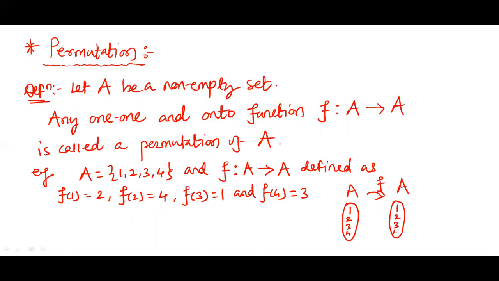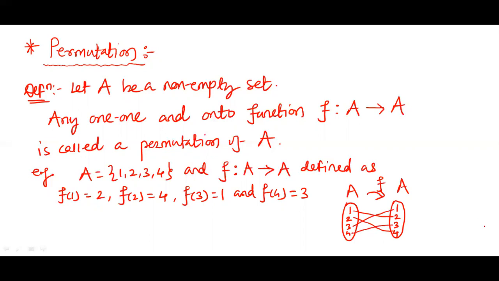Now we see the function. Here f of 1 is 2 means 1 maps to 2, f of 2 is 4 means 2 maps to 4, f of 3 is 1 and f of 4 is 3.